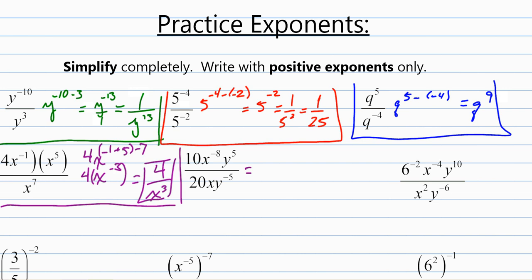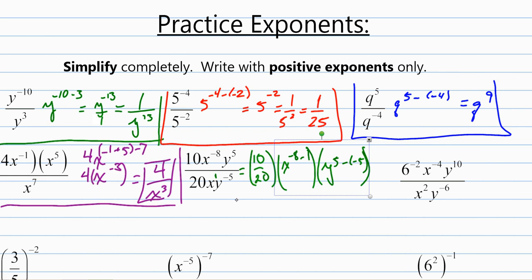What I'm going to do is pick a different color and then break this into 3 different pieces. 10 over 20. I can subtract my exponents right now. X to the negative 8 minus 1, because that's a 1 down there. And then my y is going to be a y to the 5 minus a negative 5.